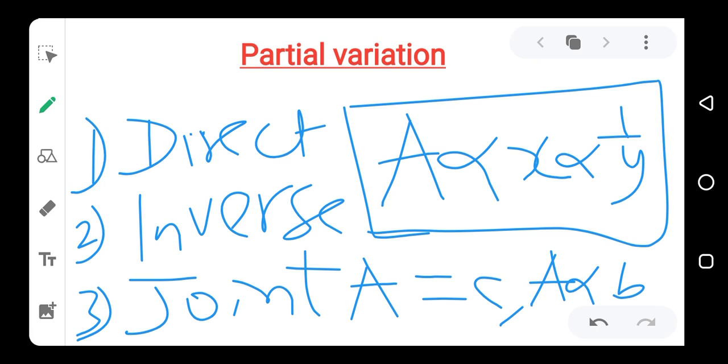Now saying that a is equal to c, or is equal to constant, means that whether a increases or decreases, c remains the same. It is constant. It is not changing with a. Now let's look at an example or examples of partial variation so that you understand it better.